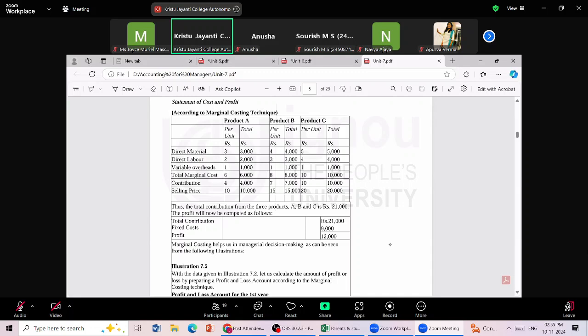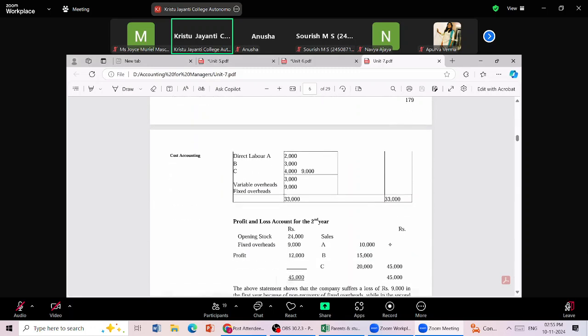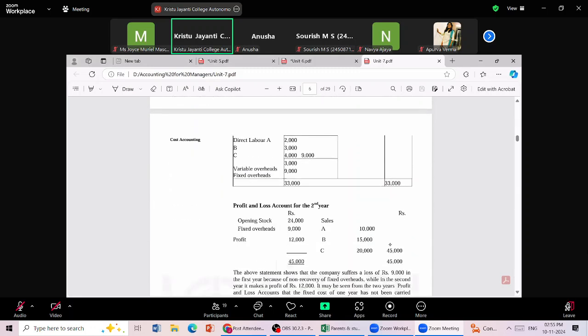So here the profit was showing around 3,000, whereas the same question when we do as a marginal cost, fixed cost is taken last along with your marginal cost contribution. You are subtracting your fixed cost and you are getting profit. So this kind of thing will help us to take an effective decision in the company. So depending on the situation, you cannot rely on one kind of costing.